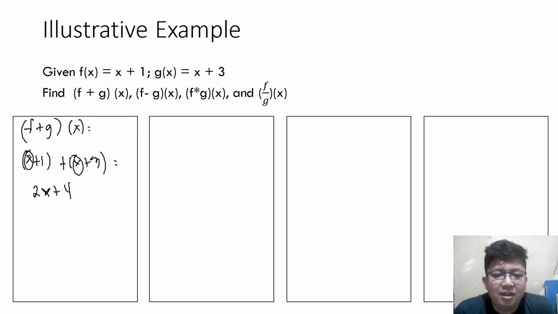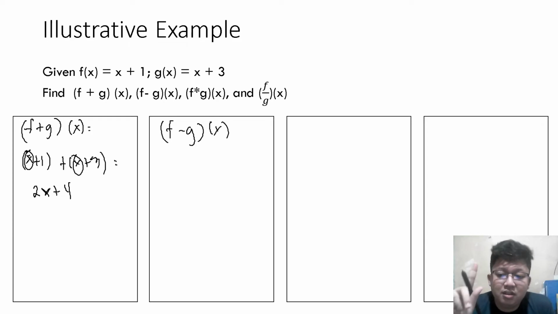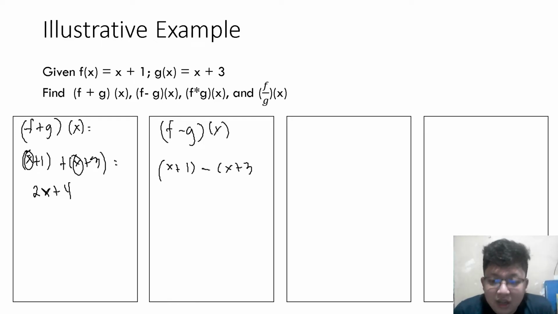Next, for the next value, we have f minus g of x. Again, the first thing that we need to do is to substitute the values. For f of x, we have x plus 1, again enclosed in parentheses, minus (x plus 3).